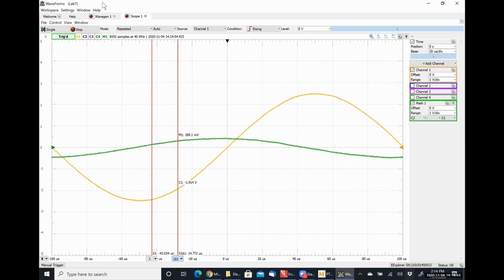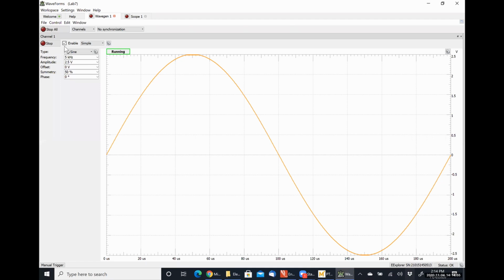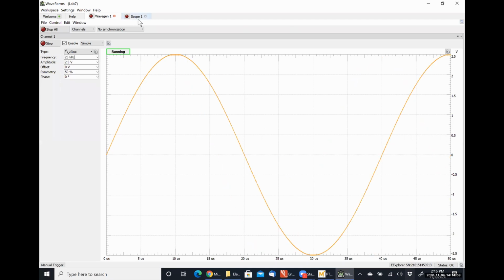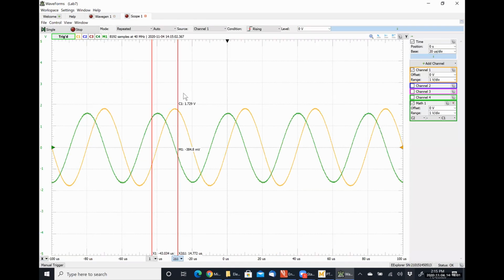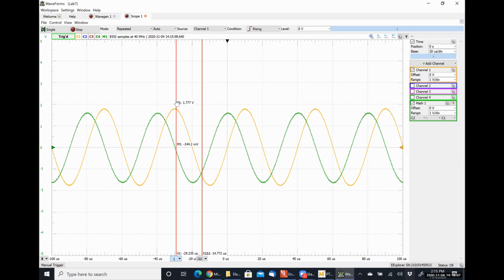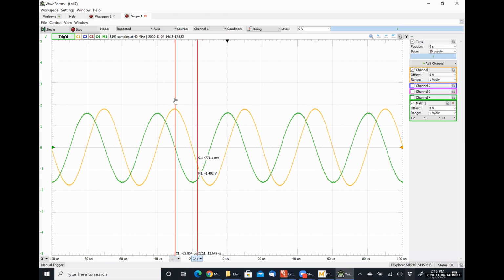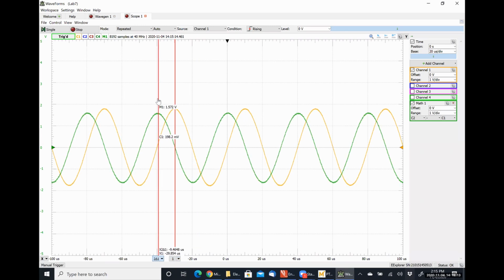So put it back to 25 kilohertz. And we're going to do the same thing. I'm going to put marker 1 on my voltage, just so we're consistent, and marker 2 on the positive peak of my current.